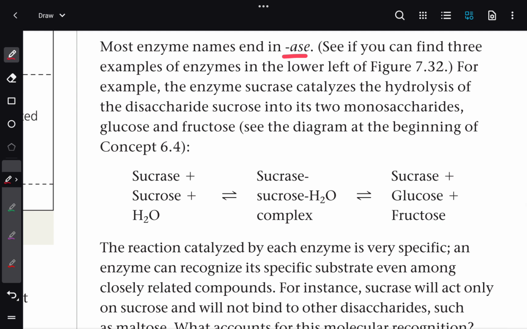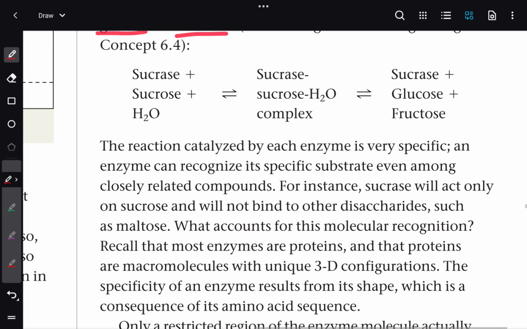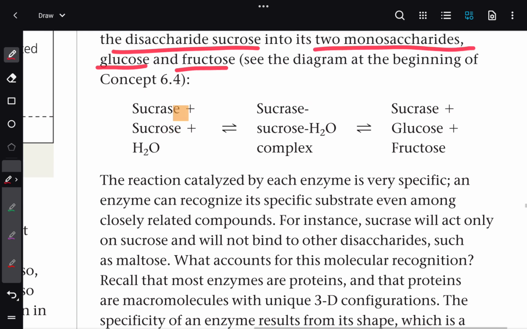For example, the enzyme sucrase catalyzes the hydrolysis of the disaccharide sucrose into 2 monosaccharides, glucose and fructose. Now, if we look here, sucrase, sucrose, and water.